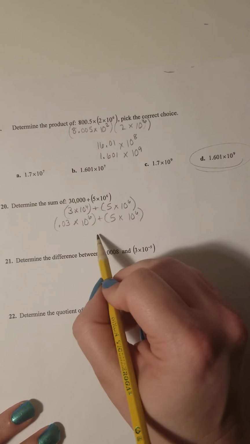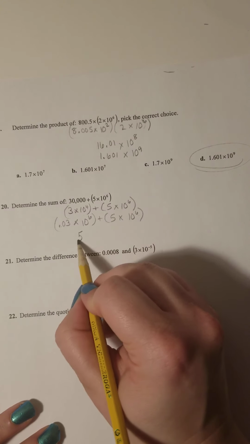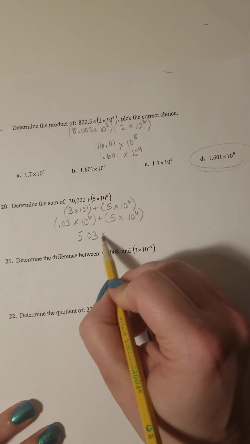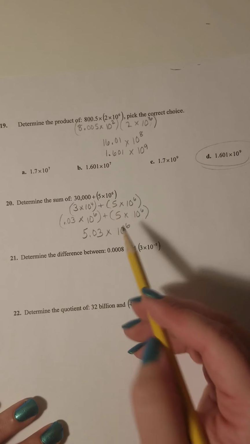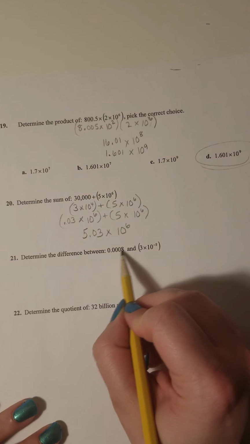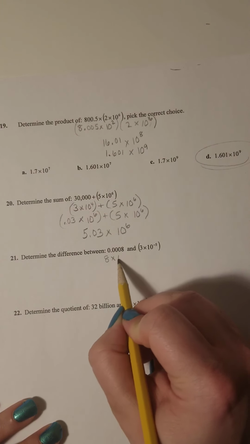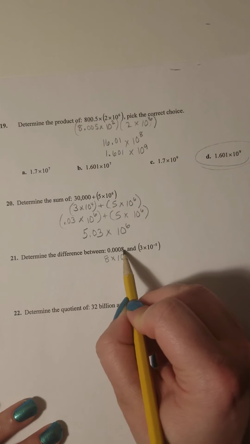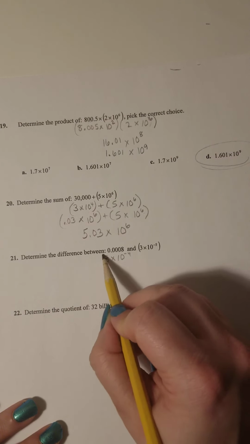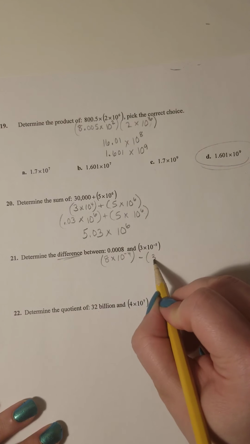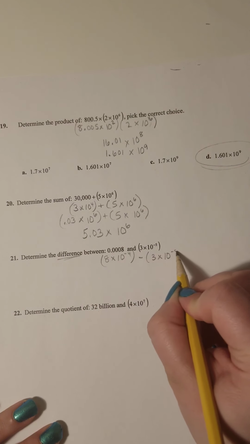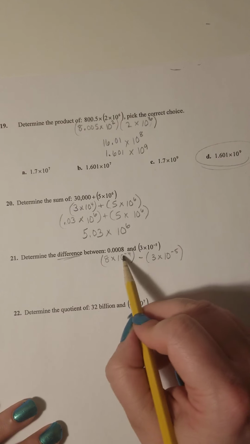Now that they're both times 10 to the 6th, I can add the two numbers out front, 5.03 times, and I keep the 10 to the 6th. The difference means that I subtract, so I'm going to have to subtract whatever this is. 8 times 10 to the negative 4, minus, because it's difference, that means subtract, 3 times 10 to the negative 5. I need these two to be the same.